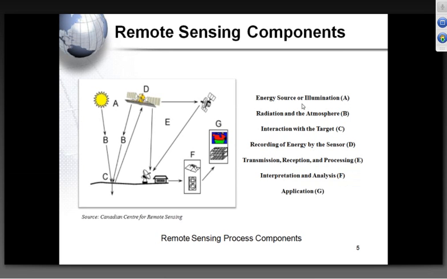And after that, there is radiation and atmosphere, that is denoted by B. Means the incident ray will be incident on C, that is the target. So the incident ray will be incident on the target and it will reflect back to the sensor. Here D is the sensor, that is the satellite used as a sensor here.